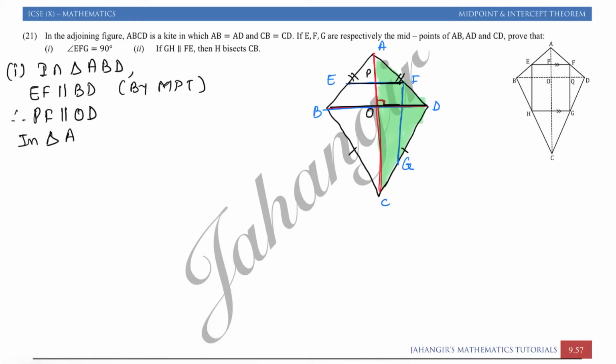In triangle ADC, again we can say FG is parallel to AC by midpoint theorem, because F and G are the midpoints of AD and DC respectively.